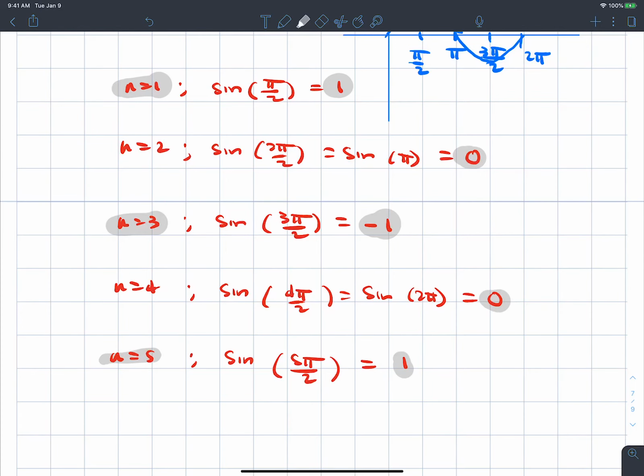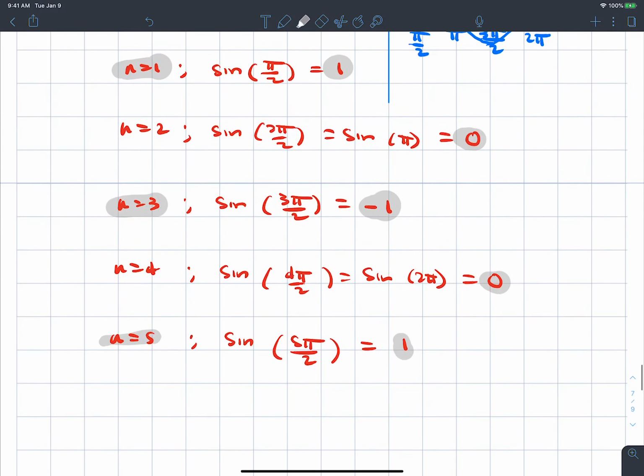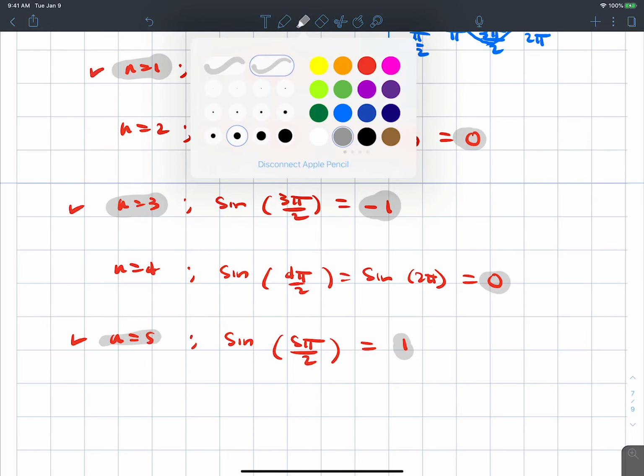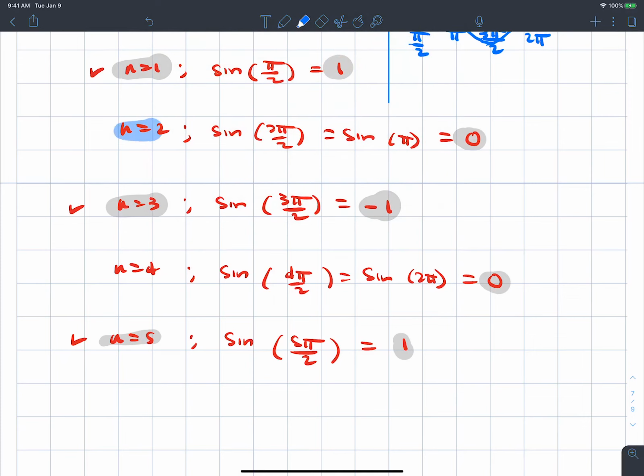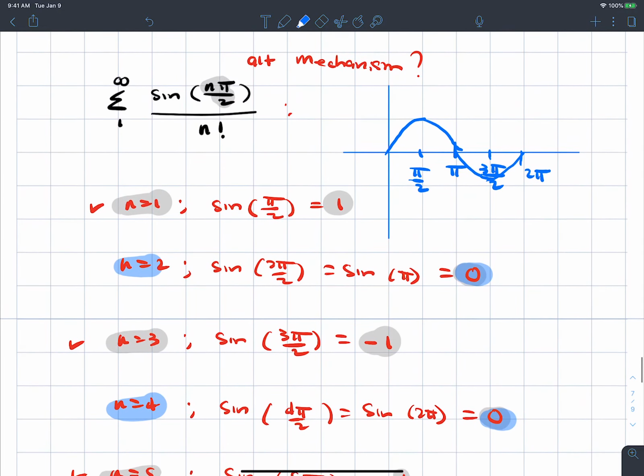We got 1, negative 1, positive 1. This is where we start to alternate. And these are odd values, right? 1, 3, and 5. For the even values, we don't care about these because that's 0. So we don't care about the even values, only the odd values. So we do have an alternating mechanism, but it's not cosine n pi. This is a little bit deeper, a little bit different.